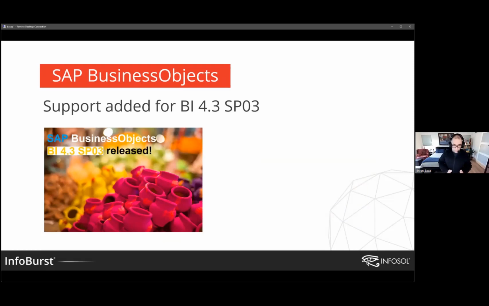So if you are looking for 4.3 SP03 support and you are not in a position to move to 2023.1, we can support you on the prior general release version, which is 2022.4. But if you're not on 2022.4 and you need SP03 support, don't go to 2022.4, go to the current version, which is 2023.1. That way we can provide you the support on the most up-to-date version of our software.